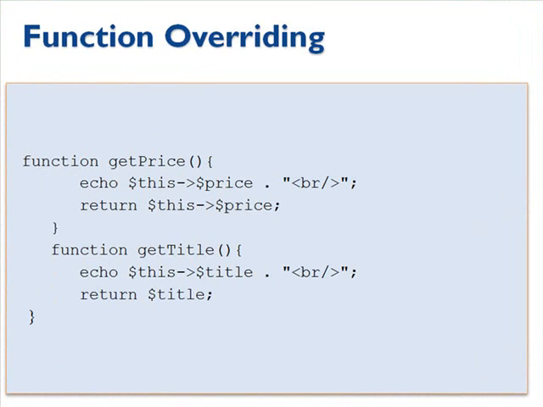Function overriding. Function definitions in child classes override definitions with the same name in parent classes. In a child class, we can modify the definition of a function inherited from the parent class. In the following example, getPrice and getTitle functions are overridden to return some values.